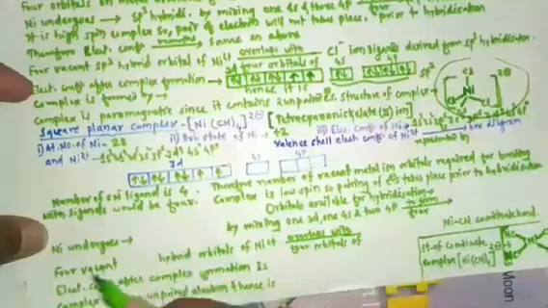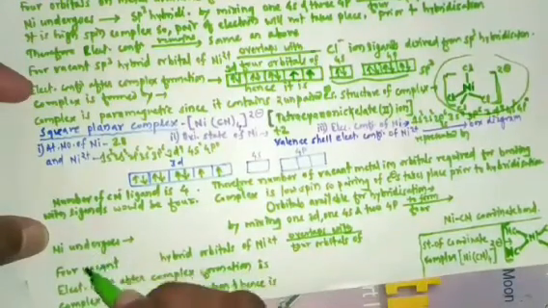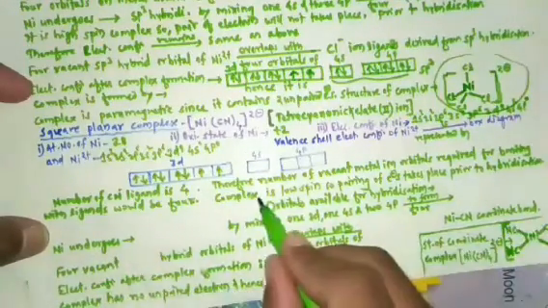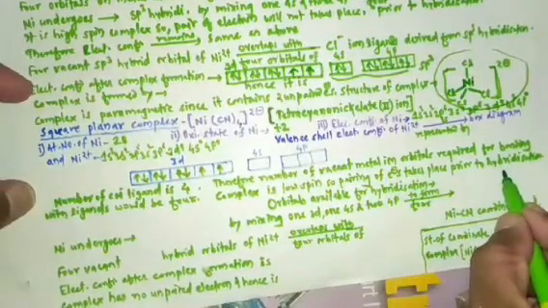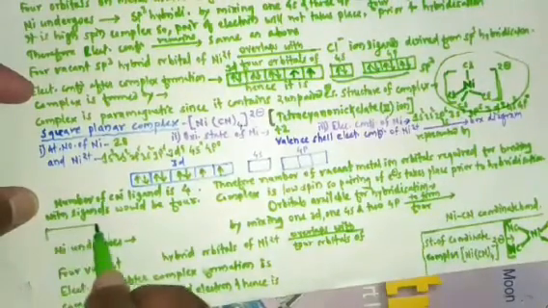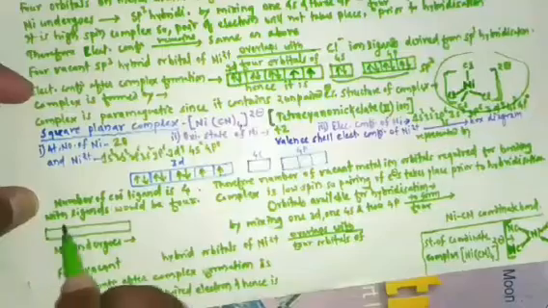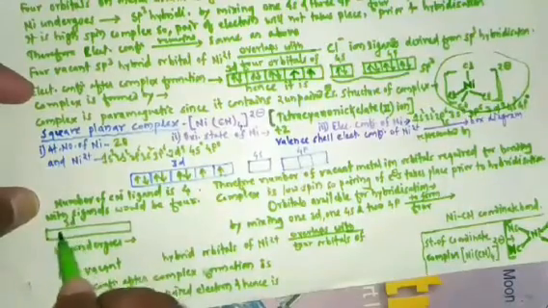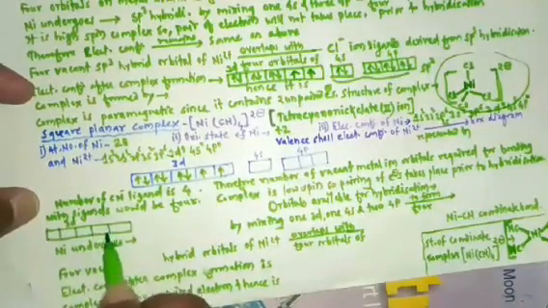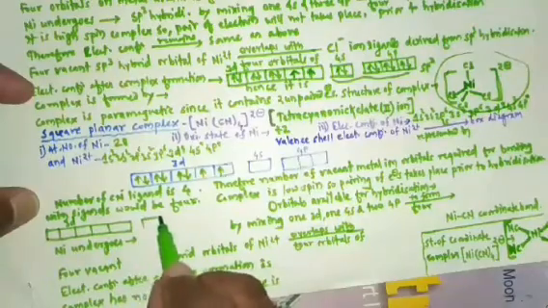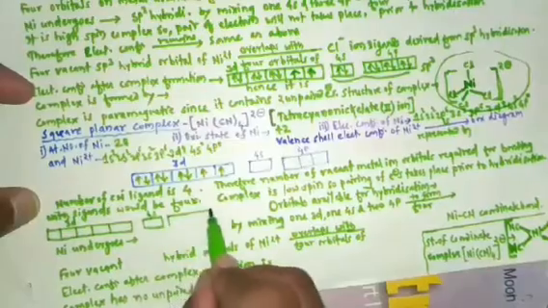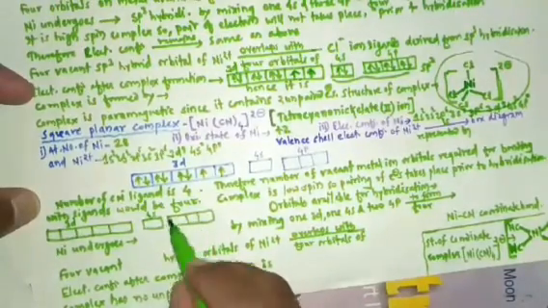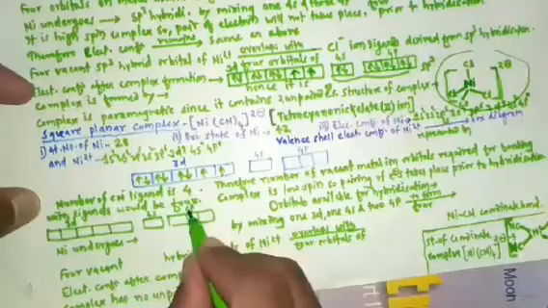So nickel undergoes hybridization. Here we represent the 3d orbitals: these are the 3d orbitals, 1, 2, 3, 4 and 5. Then here the 4s orbital, and these are the 4p orbitals.